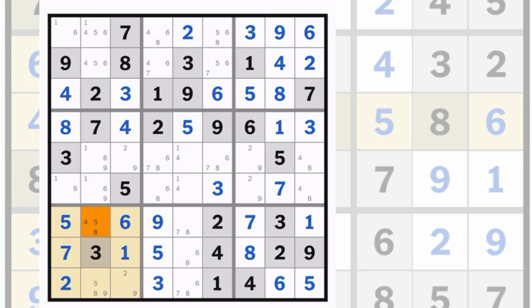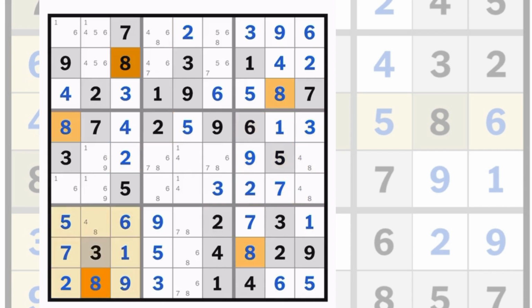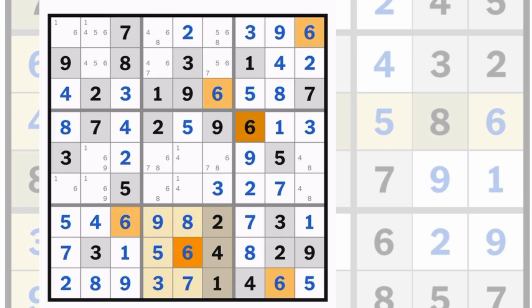So here also we remove 5, then here we remove 2, in which case this becomes 9, this becomes 2, this becomes 9, this becomes 2. So this becomes 8 and this becomes 4. So here this becomes 7, this becomes 8, this is 6.